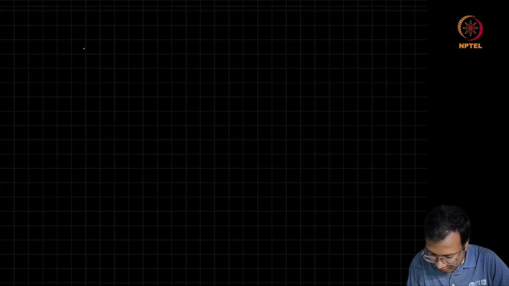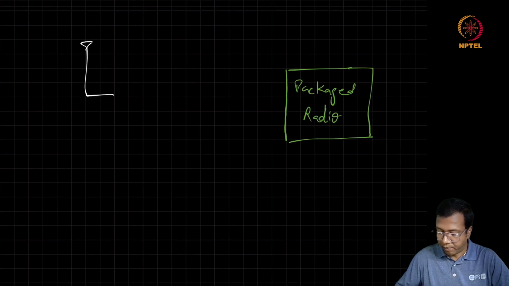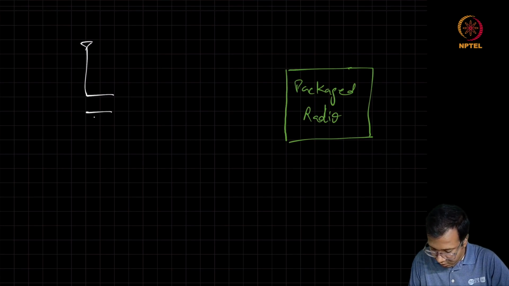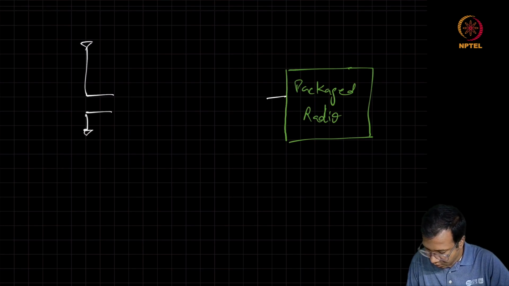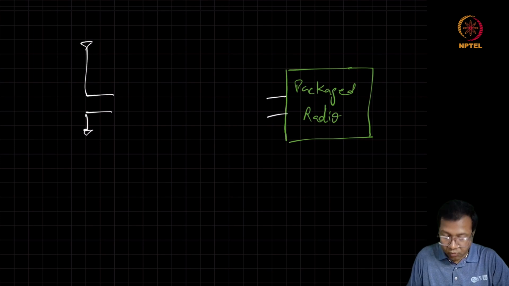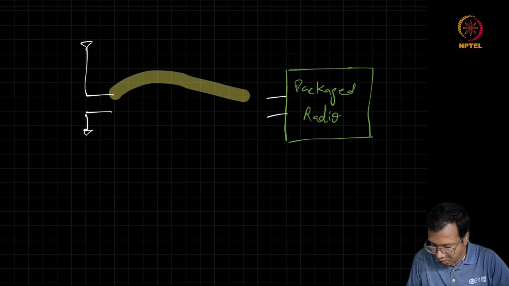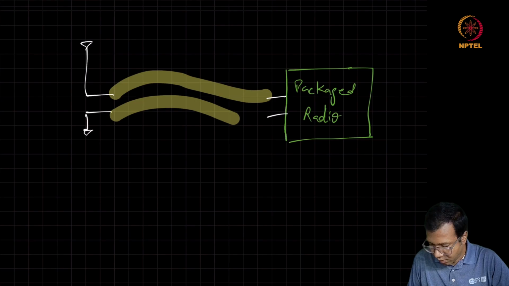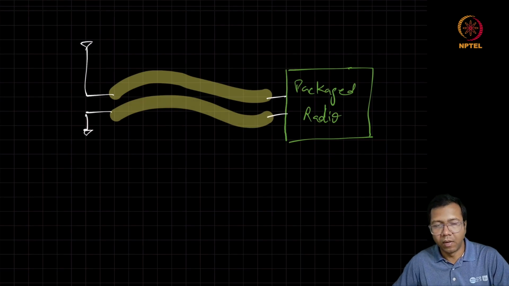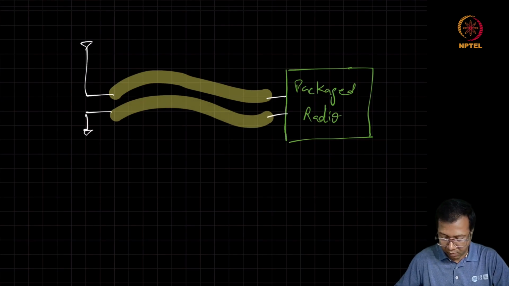So in reality, you will see the radio package can be pretty far from the antenna. And to connect these two, there can be an electrical cable going between the antenna and the packaged radio.